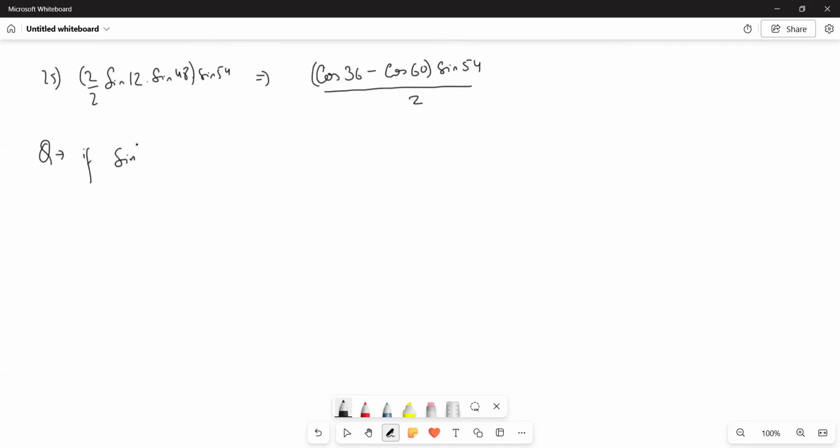If sine power 4x by 2 plus cos power 4x by 3 is 1 by 5, find the value of tan square x.